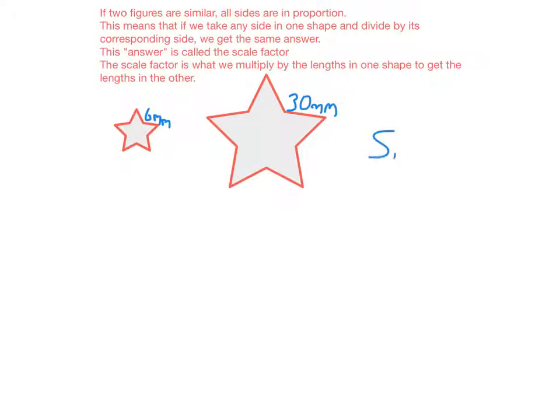The scale factor is just what I need to times by the length in one shape to get the length in the other. So if I call this A and this B, the scale factor from A to B is just what I need to times by this length to get the length of the corresponding side in the second shape.